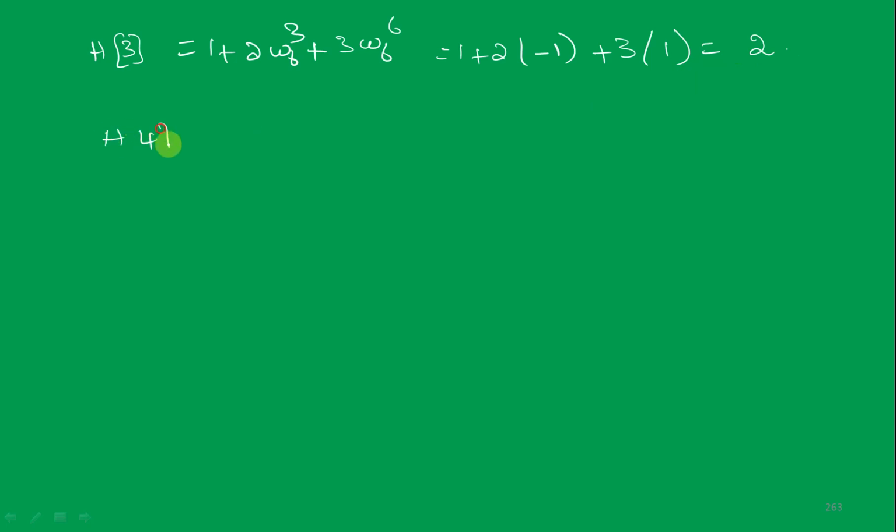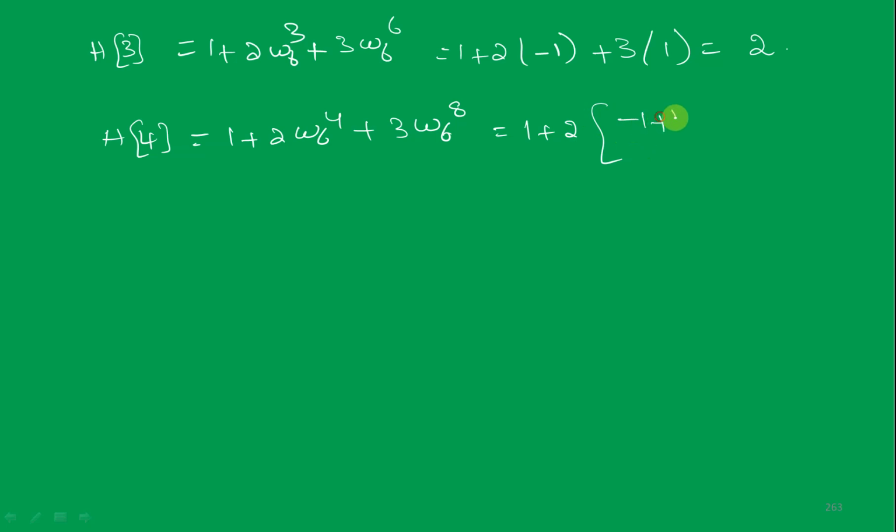Now, H of 4. 1 plus 2 W6 power 4 plus 3 W6 power 8. Now, this is equal to 1 plus 2, W6 power 4 means minus W6 power 1, plus 3 W6 power 8 means W6 power 2 plus 6. That means W6 power 2. Minus W6 power 1 means minus 1 by 2 plus j root 3 by 2.